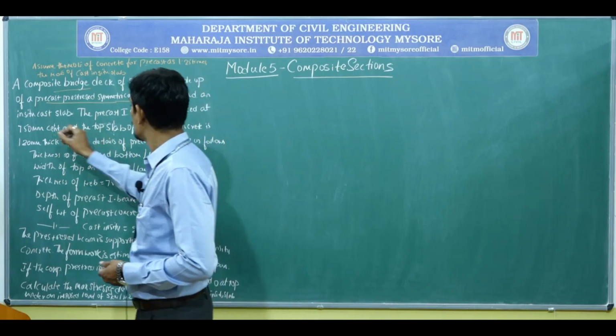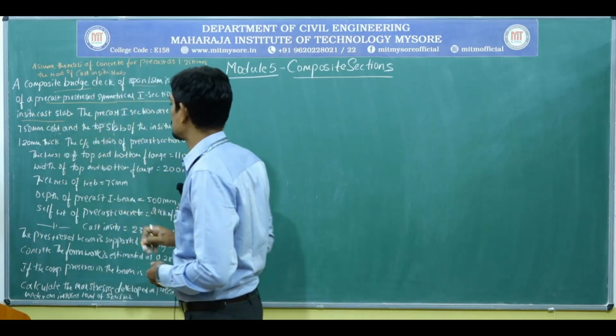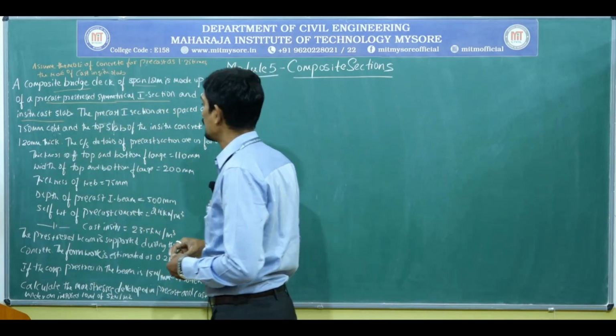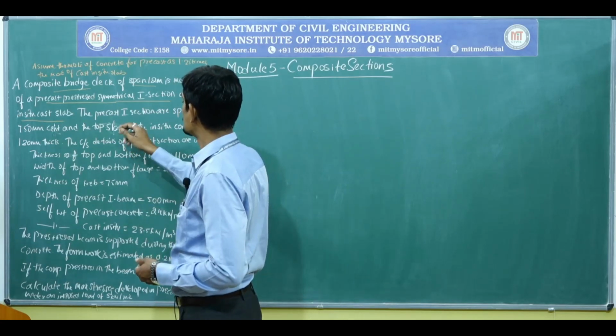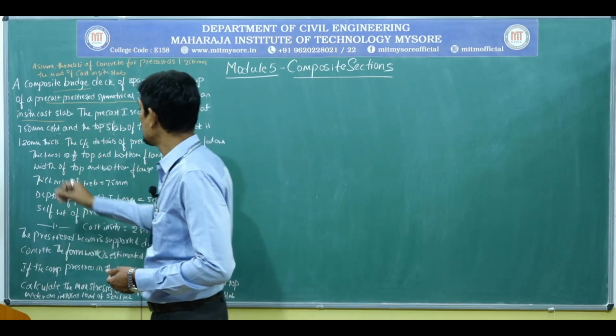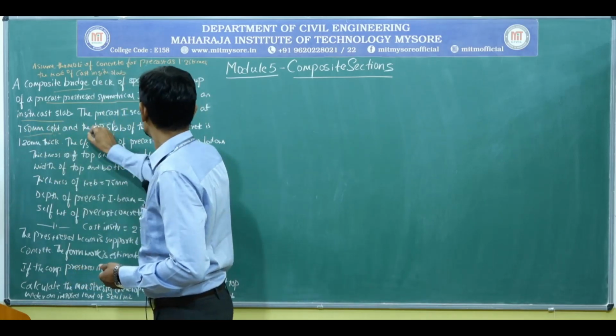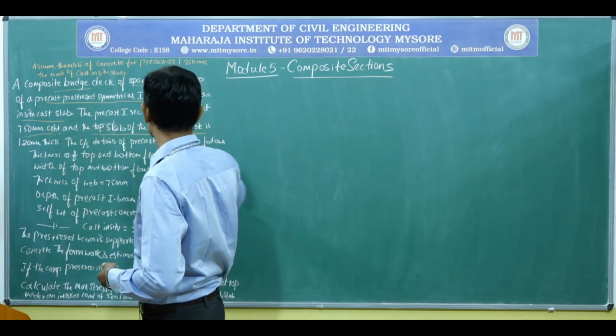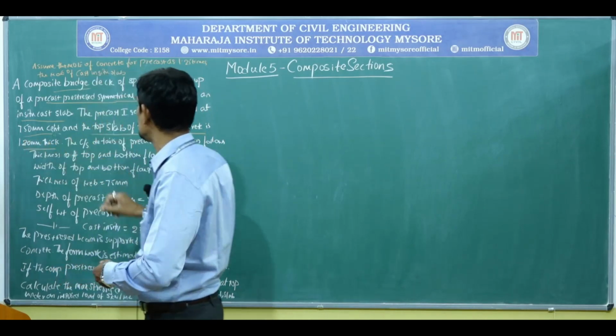And the next, the same in situ cast slab, no change in this. The precast I sections are spaced at 750 mm center to center, and the top slab of in situ concrete is 120 mm thick.